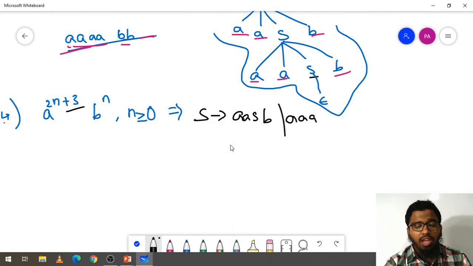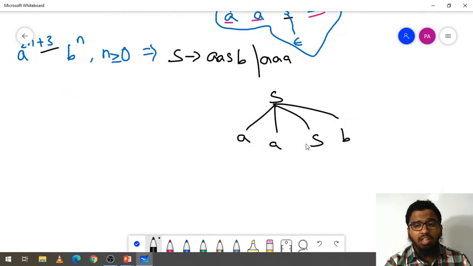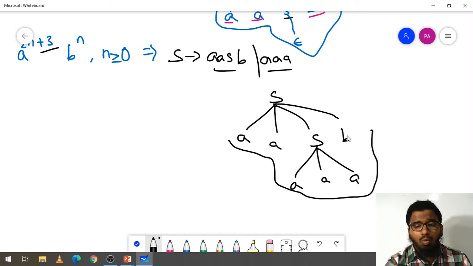Again for this we need to draw the tree. S is divided into 4, A, S, B, and this S you can divide into 3. I have taken this one, then I can take this also, A. So what is the answer for this? Answer is A, B.